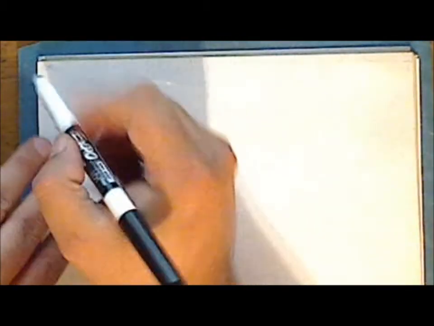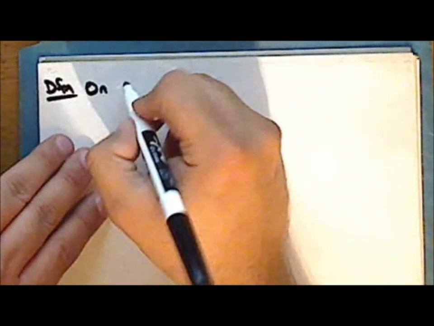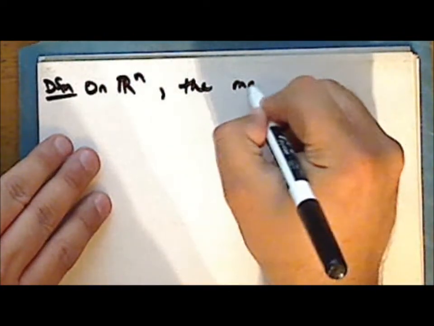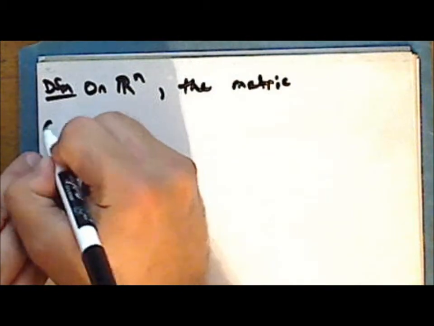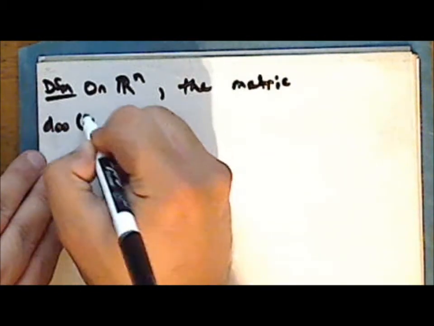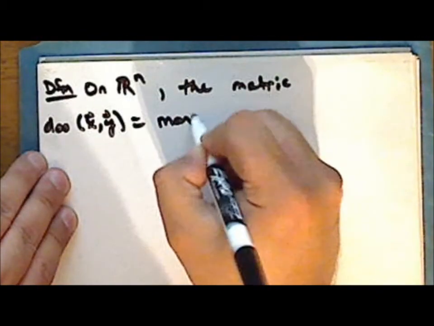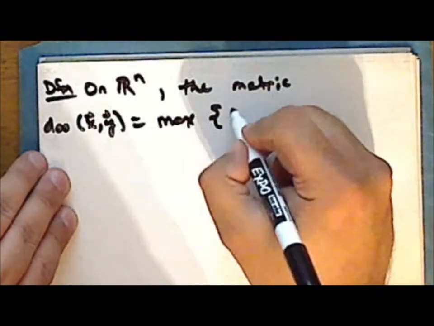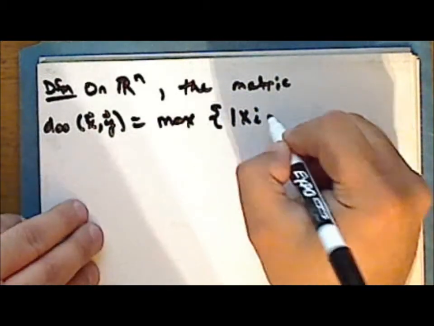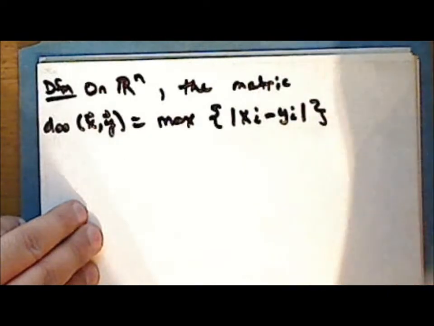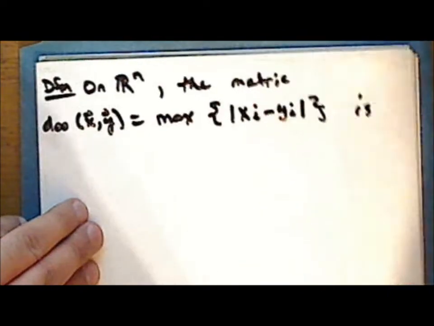So we'll define a new metric. On finite dimensional real space, the metric d sub infinity, which is the maximum value of the absolute value of the difference of the components, is called the square metric.